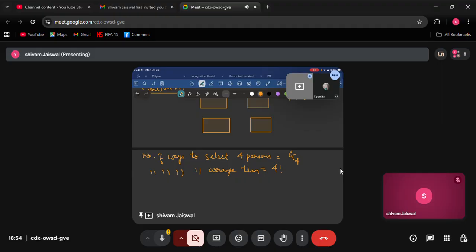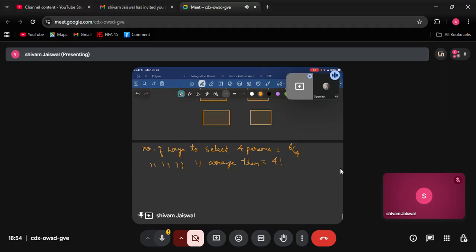So how much are we getting? Therefore, total is equal to 15 into 24, which is equal to 360. Right. Okay. In every case, 2 persons will remain.